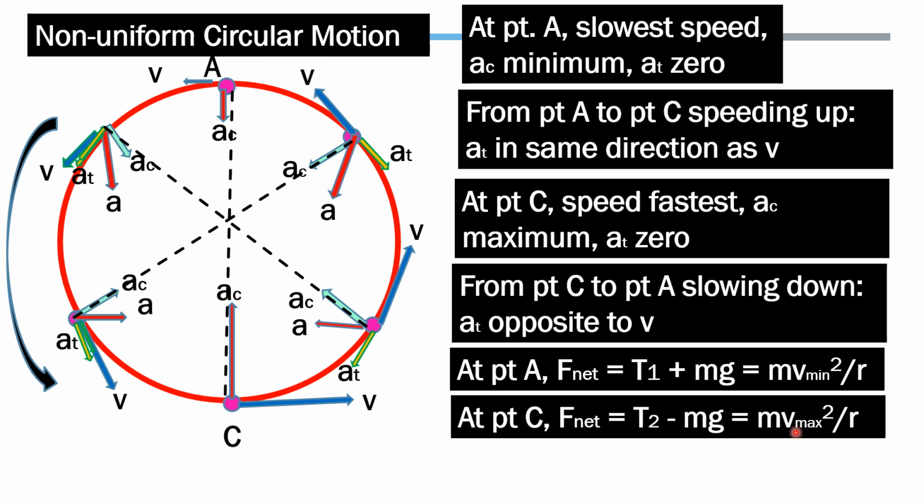But the velocity that we use here is the maximum tangential velocity possible. So we label the v in our first equation for the net force differently from the tangential velocity we are talking about in the equation referring to point C. It is the maximum tangential velocity that we are describing here, whereas at point A, it is the minimum tangential velocity that has to be squared.